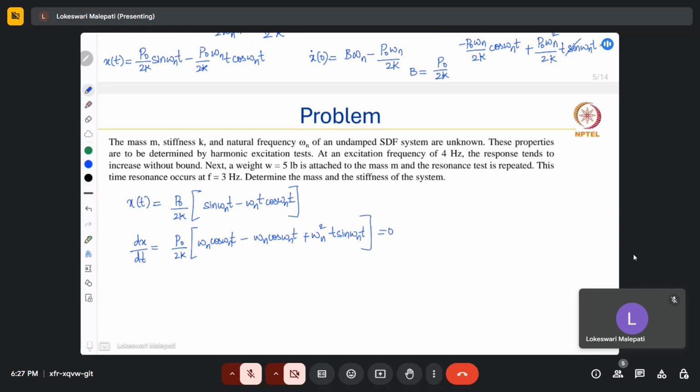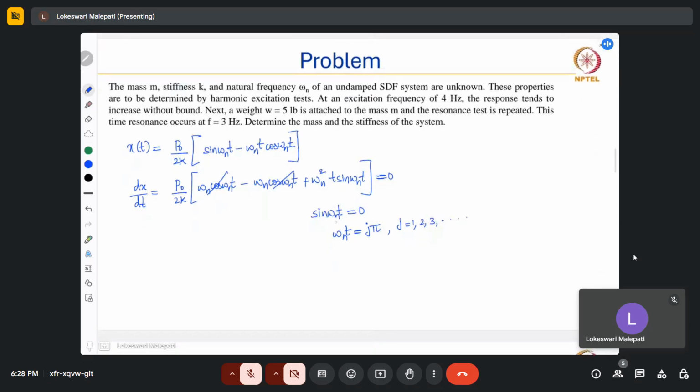So this must be equal to 0 at local maxima or minima, and this thing gets cancelled. So t is not equal to 0, that means sin omega nt must be equal to 0. That means omega nt must be equal to integral multiples of pi, j times pi, where j is equal to 1, 2, 3, and so on.